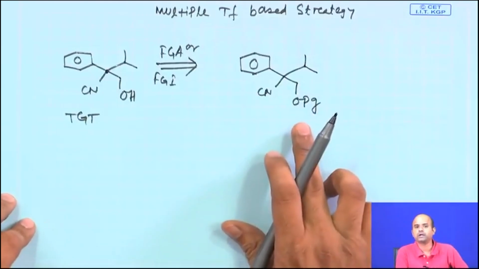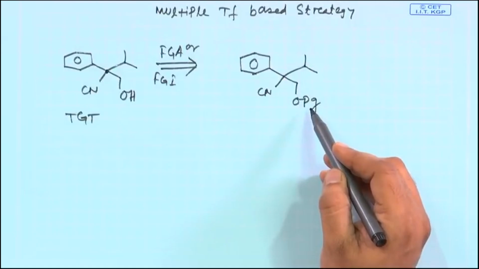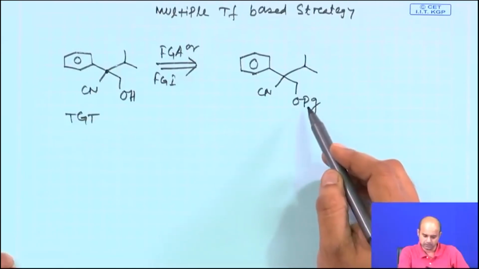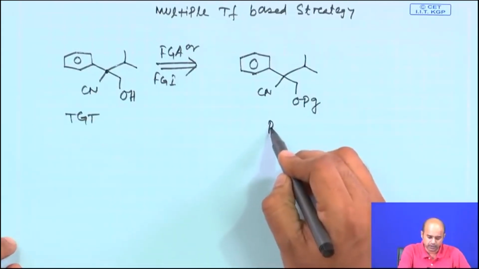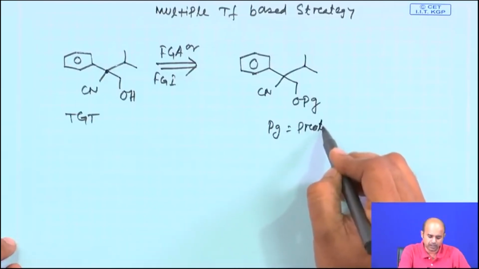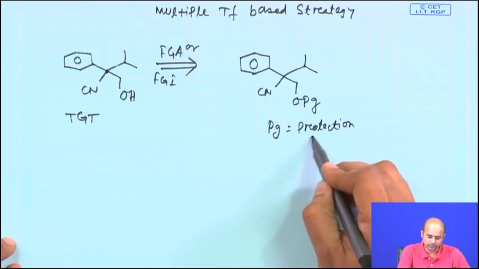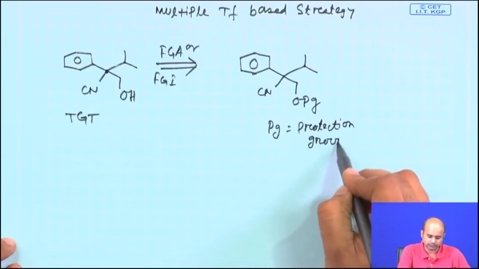Alcohol is not a good functional group to keep free, because the acidic hydrogen plays some important role. So, a free alcohol is not recommended; you can protect it with a suitable protecting group. PG stands for protecting group. We will be talking about many protecting groups later when we discuss functional group based strategies in detail. Fine.